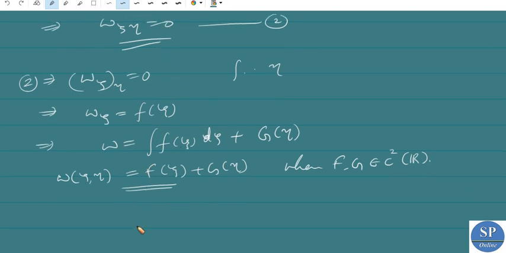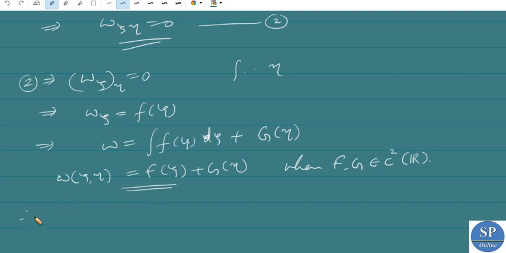Now to find the general solution of the given one-dimensional wave equation, we have to replace the values of zeta and eta in terms of the variables x and t.